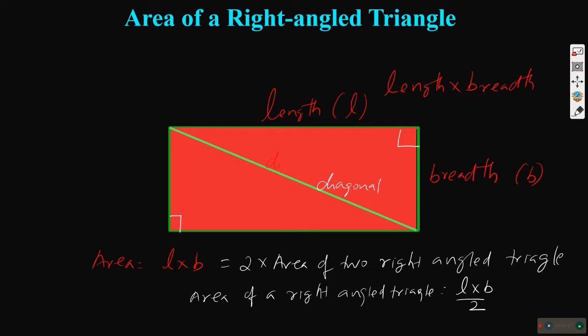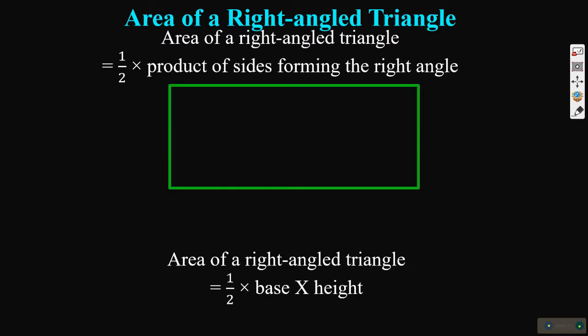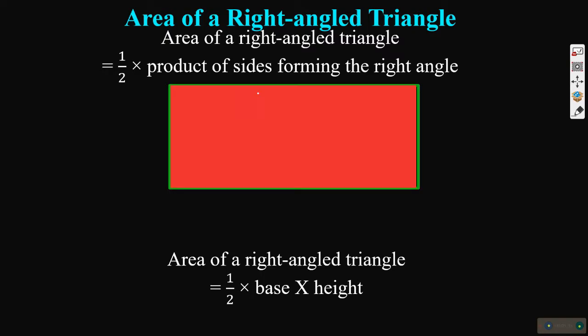This is the formula to calculate the area of a right angled triangle. So the area of a right angled triangle can be calculated by taking half of the product of the sides forming the right angle. How could we conclude that? We concluded it by this experiment, this construction and formation.